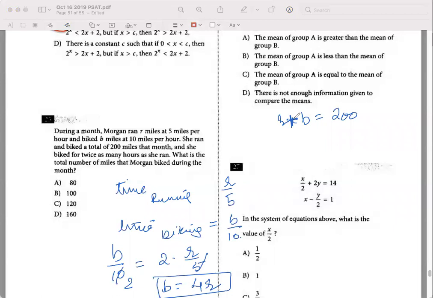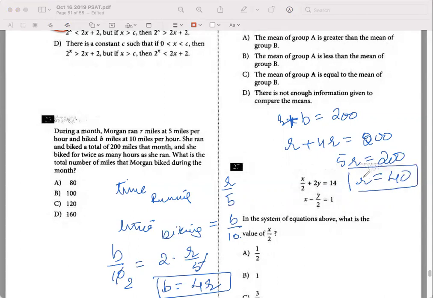So if I put B as 4R, then I get R plus 4R is 200. So 5R is 200. So R is 40. So she ran for 40 miles. And B is 4R. So that's 4 into 40. That's 160. So she biked for 160 miles. And that's what the question is asking me. So the answer is option D.